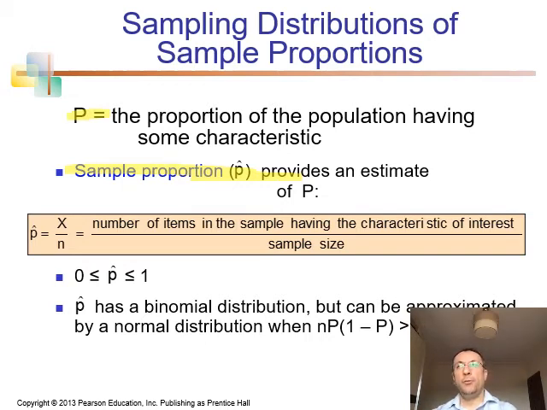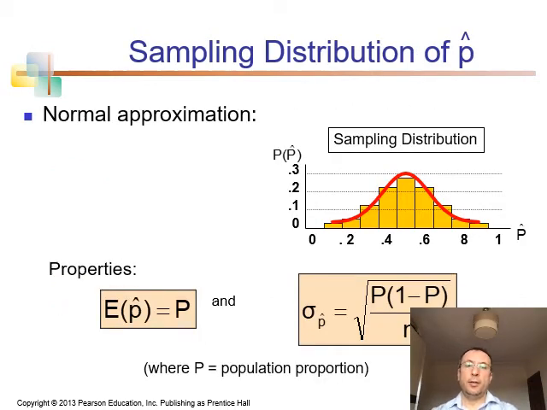And we can also approximate the proportion distribution using the normal distribution. So it's quite easy. The expected value of the sample proportion is the same as the population proportion. Now the standard deviation of the sample proportion equals the square root of P times 1 minus P over n.